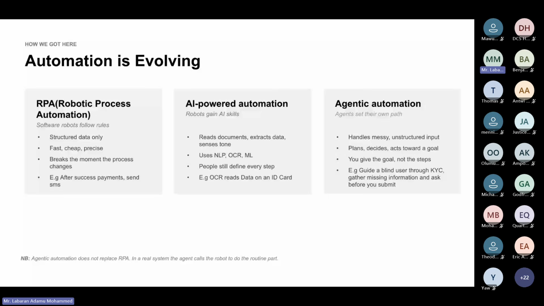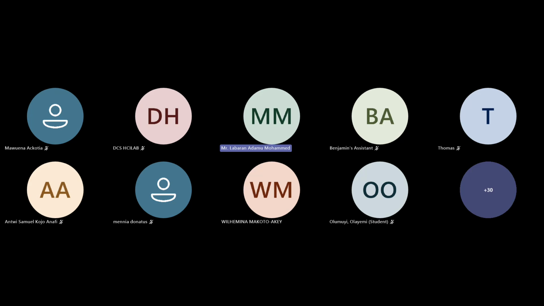That could be classified as a robot, as an automation tool. As soon as the user signs up, you send the person an email: "Thank you for signing up." That's classified as automation. But with something like this, it breaks as soon as there is an error, or as soon as the process changes.